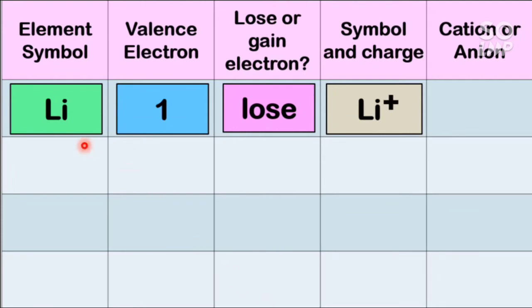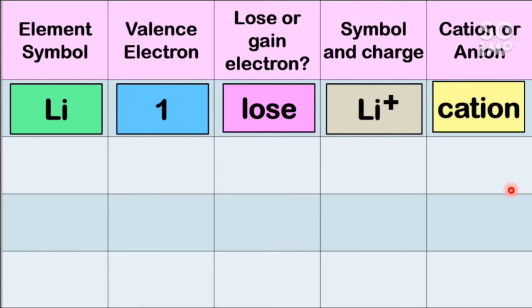And since lithium will lose electron, it will be called now a cation. The one who loses electron will become the cation, and the element which gains electron is the one that will be called anion. Why does it become a cation? Because the electron number of lithium is lesser than the proton number of lithium, meaning the protons are greater. Protons are positive and cation is positive.